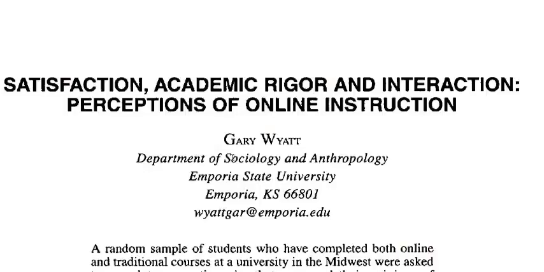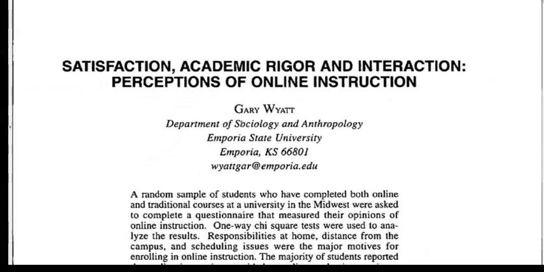We are debriefing on the Wyatt study, which was entitled Satisfaction, Academic Rigor, and Interaction, Perceptions of Online Instruction. In this, they used a one-way chi-square, which is looking at a single categorical variable. And there also is a two-way chi-square in which there are two categorical variables.